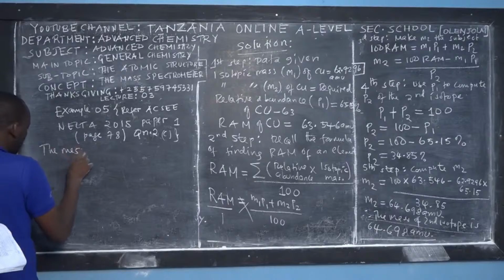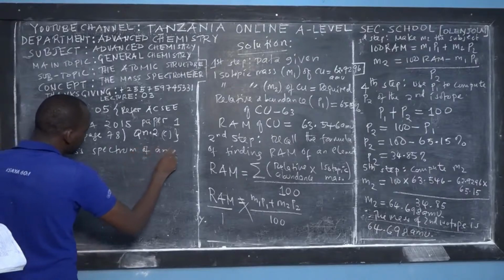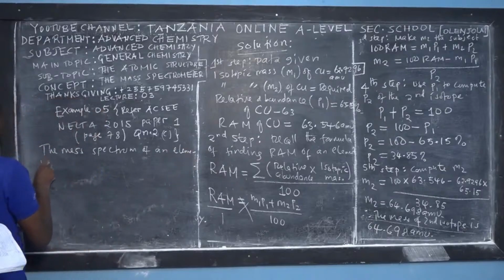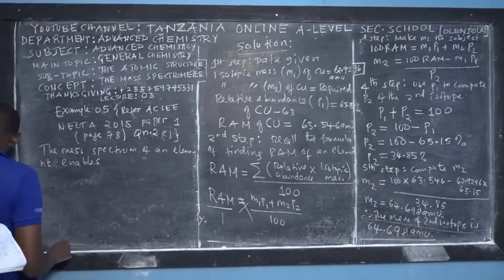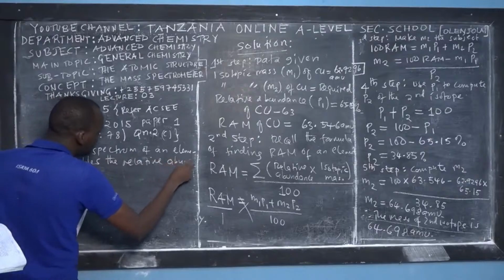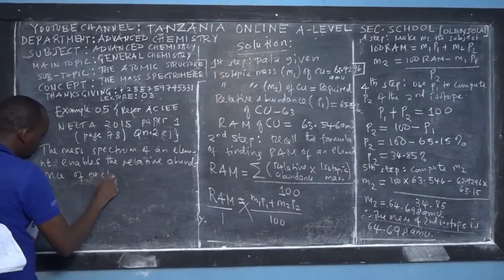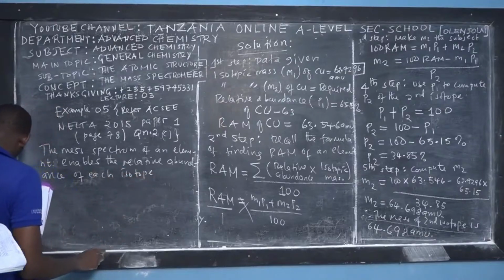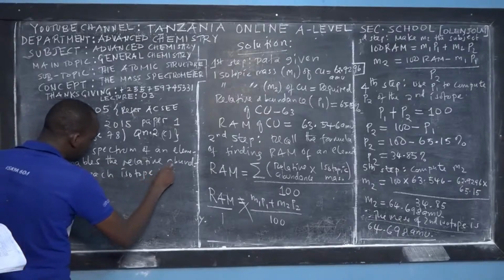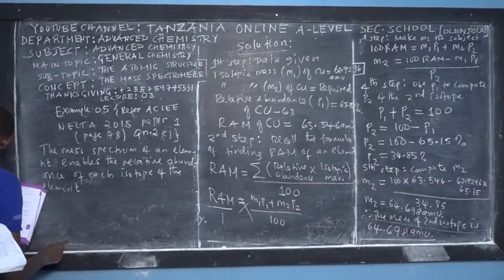We say that the mass spectrum of an element enables the relative abundance of each isotope of the element to be determined.